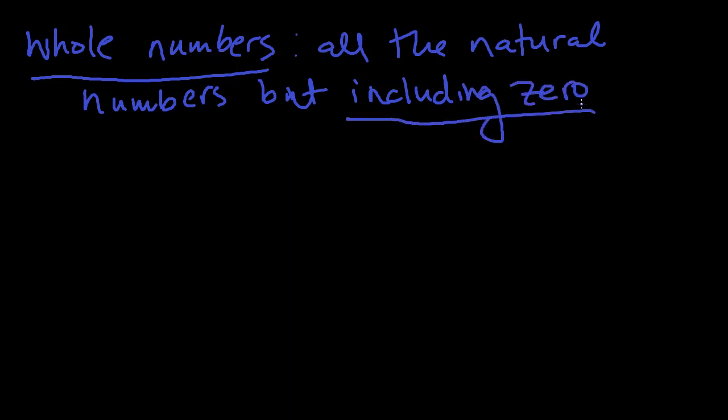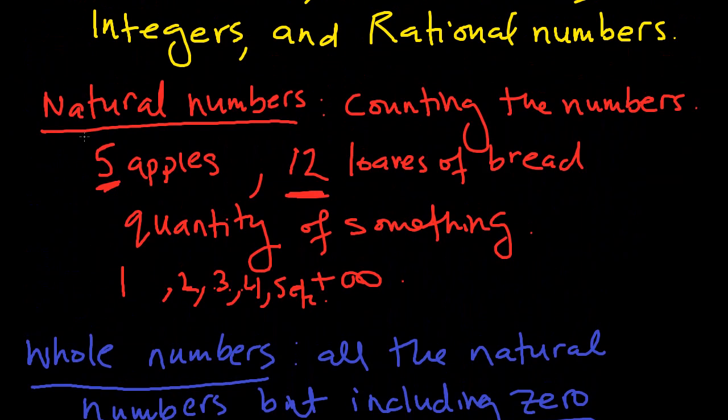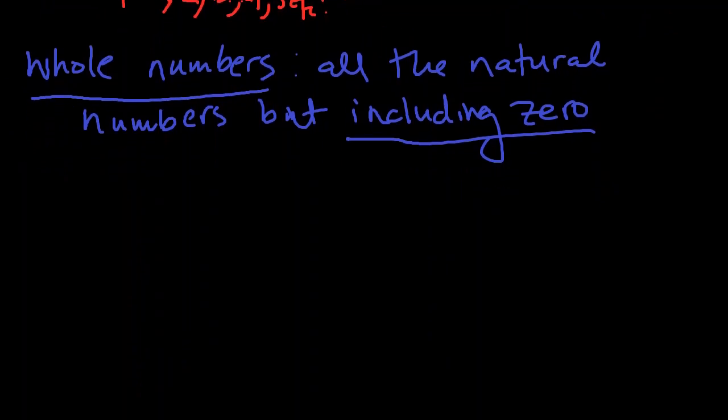Natural numbers do not include 0. Natural numbers start at 1, but whole numbers include 0. So 0 is actually a whole number. So again, key is whole numbers are all the natural numbers, but it includes 0.